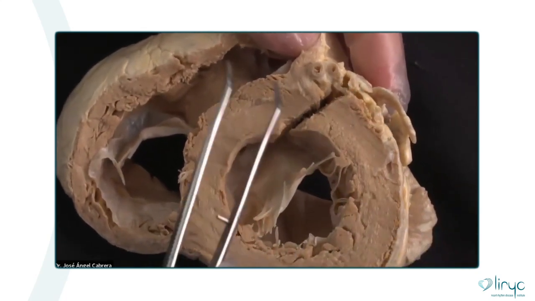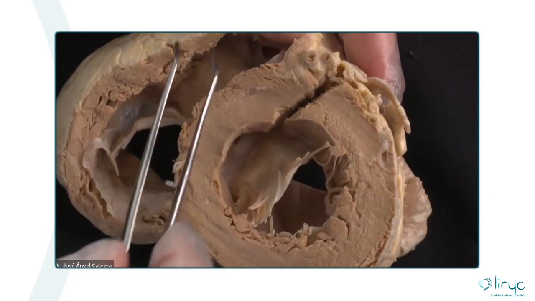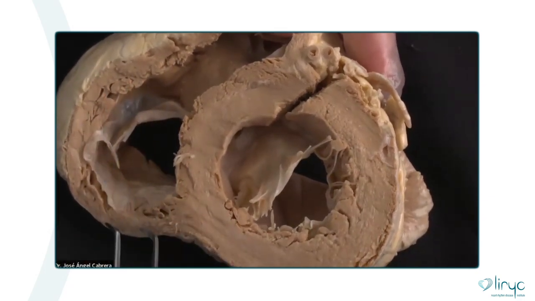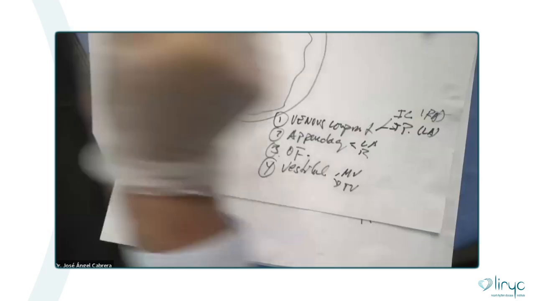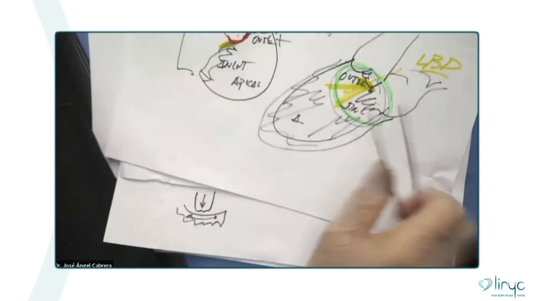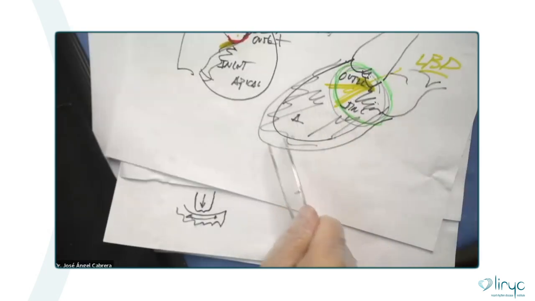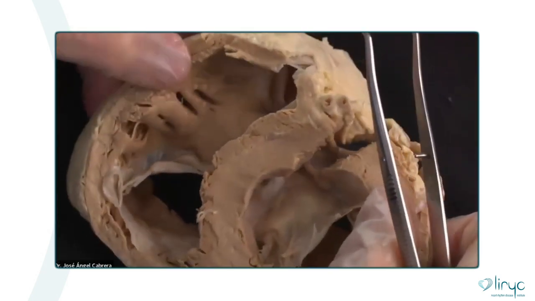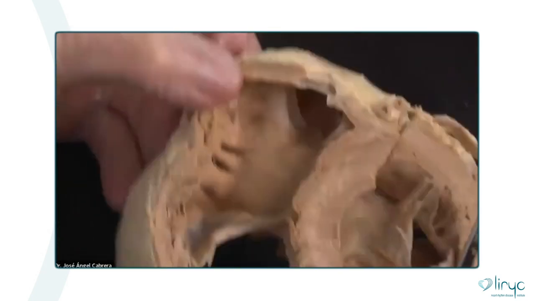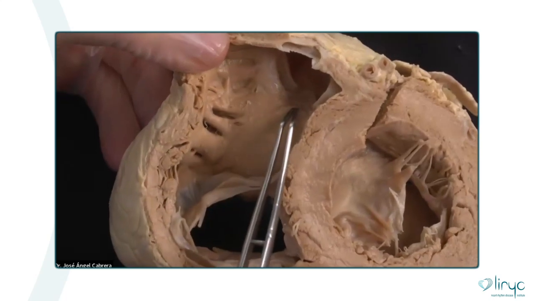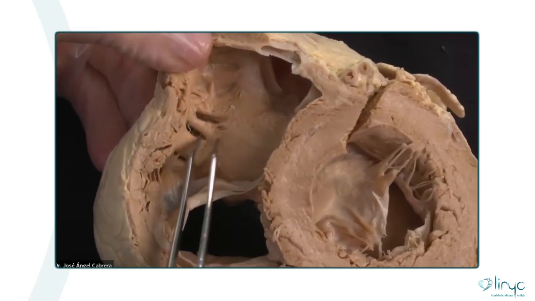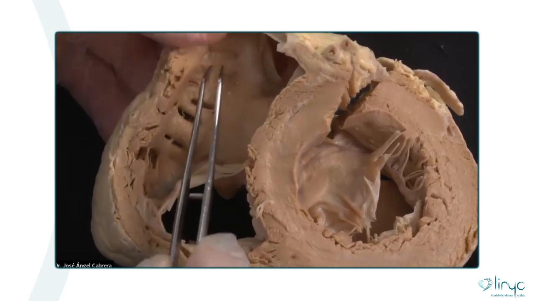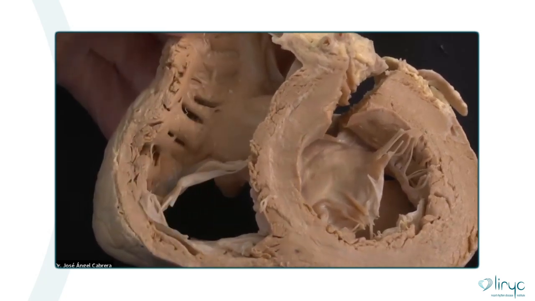If you see inferiorly, note that this is the left ventricle, thicker, 1 centimeter, oval and triangular. And if you see again here, oval and triangular, and note that this is the septomarginal trabeculation, and this is the septoparietal trabeculation.